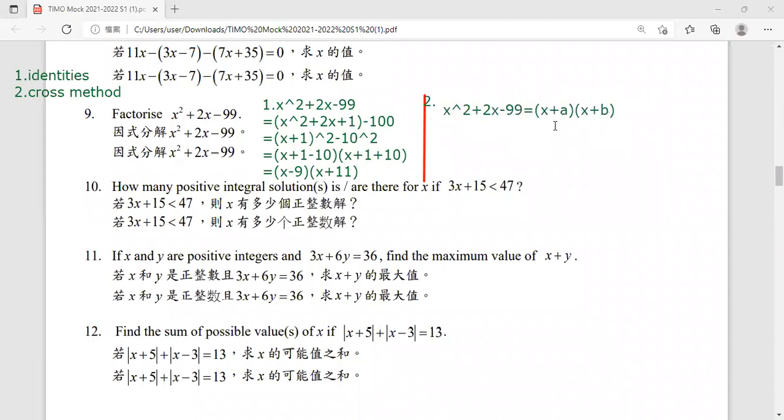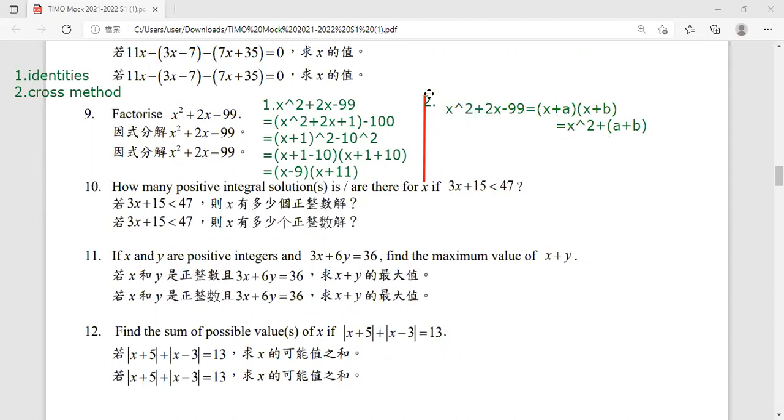Okay. Now, then we'll expand the right hand side. You'll find that when you expand the right hand side, it is equal to x squared plus (a plus b)x plus ab, which is minus 99.